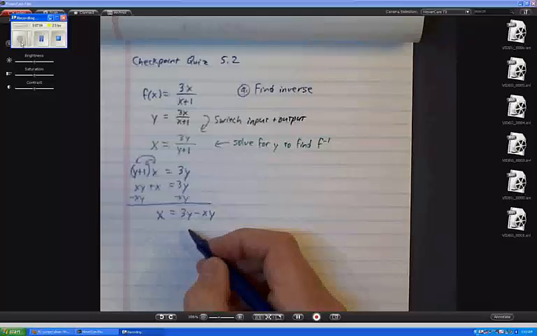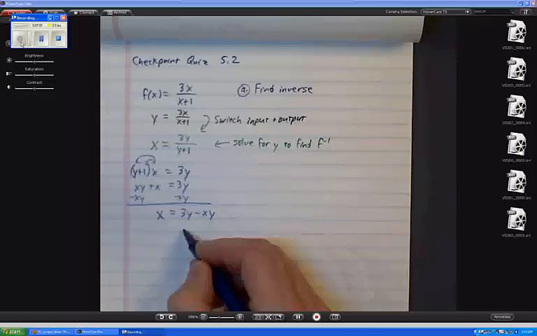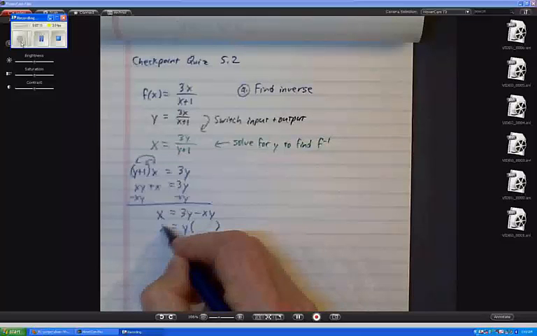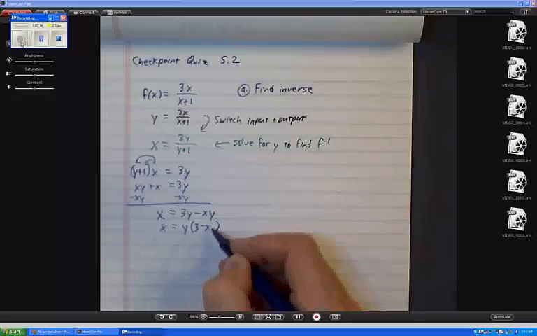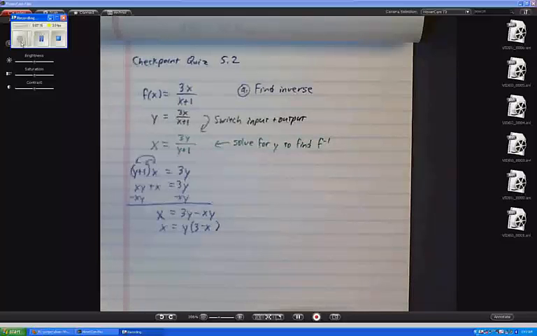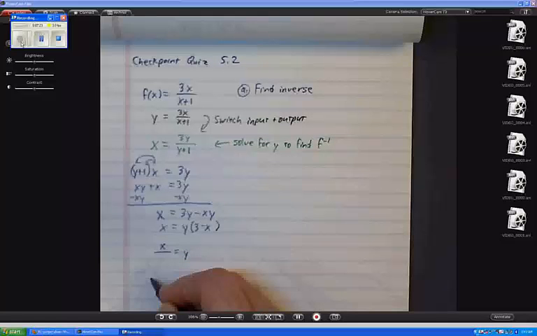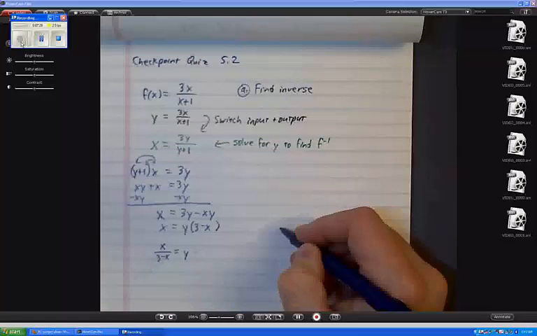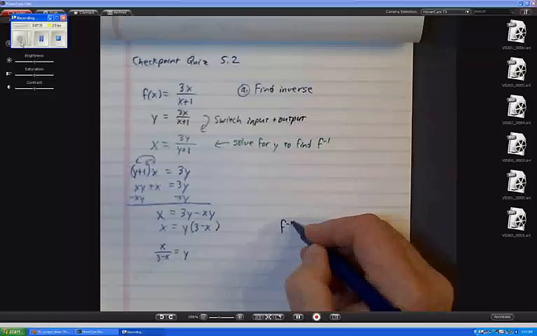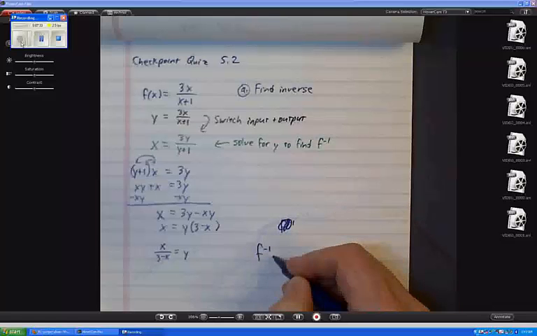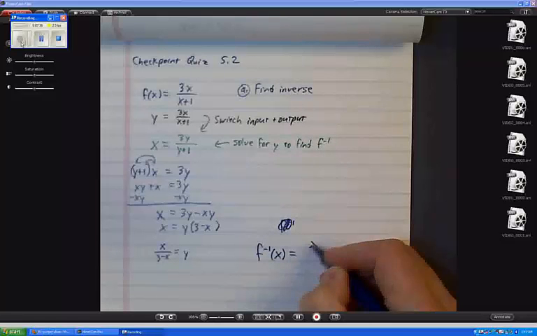We factor out what? y times what? 3 minus x. Okay? And now if I solve, I get that y equals x divided by what? 3 minus x. So here's my inverse. My inverse function is x over 3 minus x.